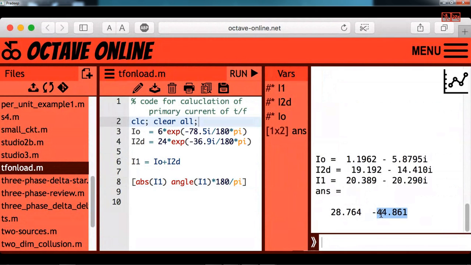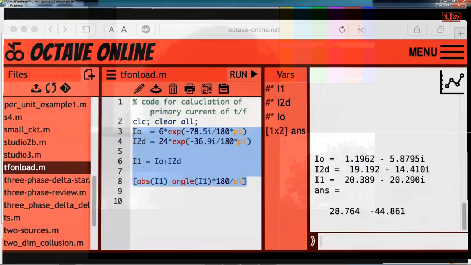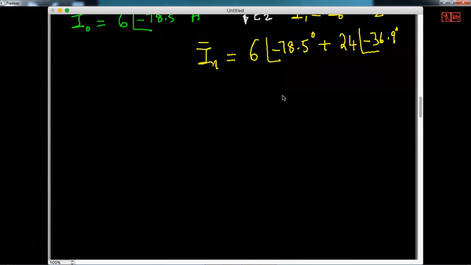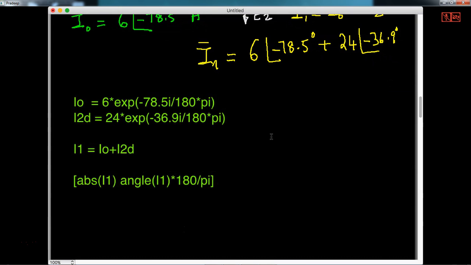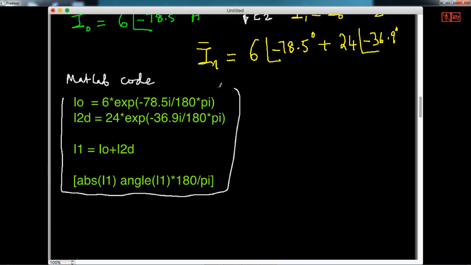Let me transfer this code and the output which I'm getting. Let me paste the output.